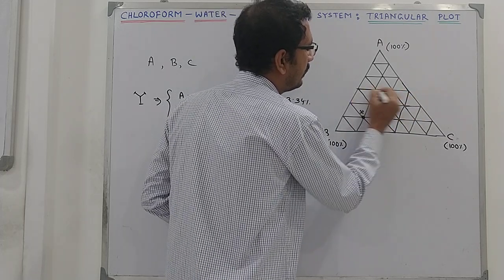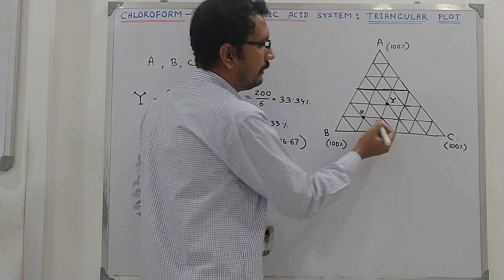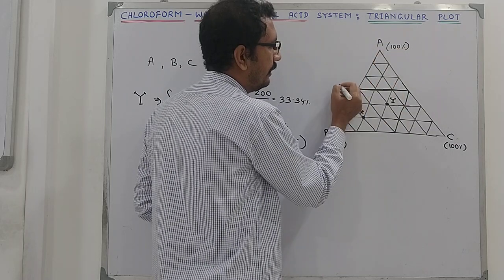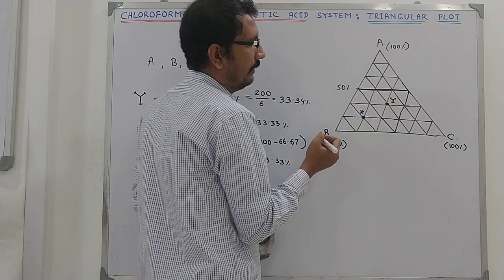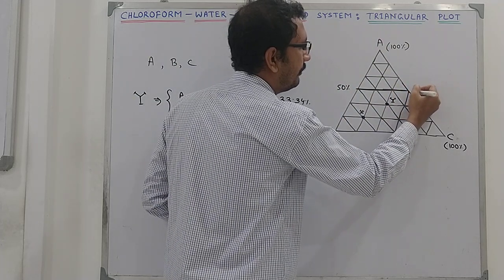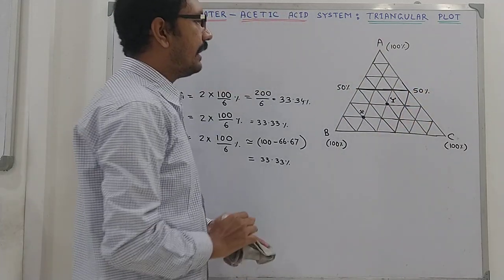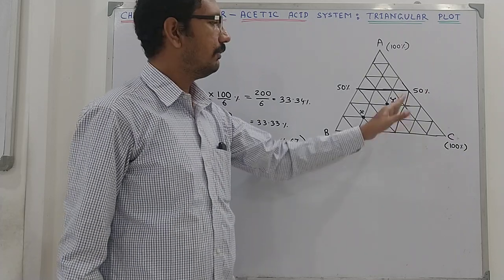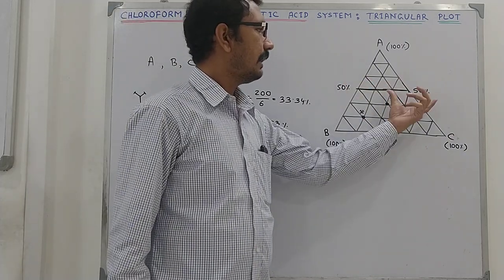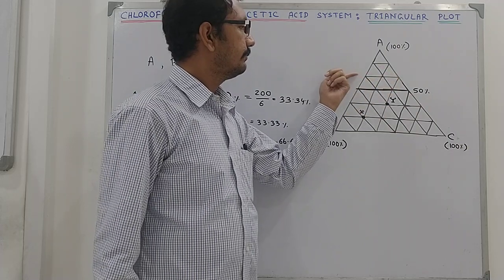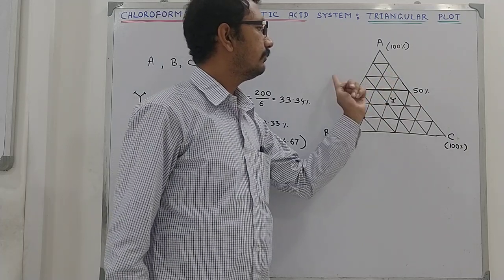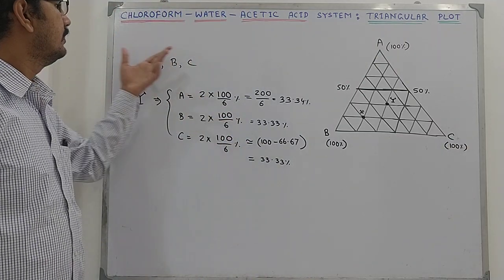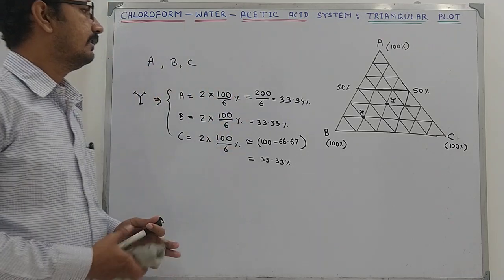If we consider this line, it is 3 steps up from the baseline of A and 3 steps down from the apex of A. So it will give you 50% of A. Now the other terminus will also give you 50% of A. So any line will indicate the same percentage composition of any component. So it is a tie line. Similarly, it will give you 4 into 100 by 6 at both the ends throughout the line. So this triangular plot will help you to represent the composition of 3 component systems.